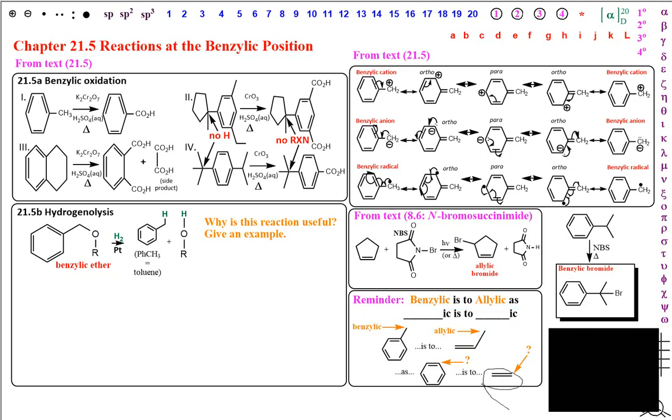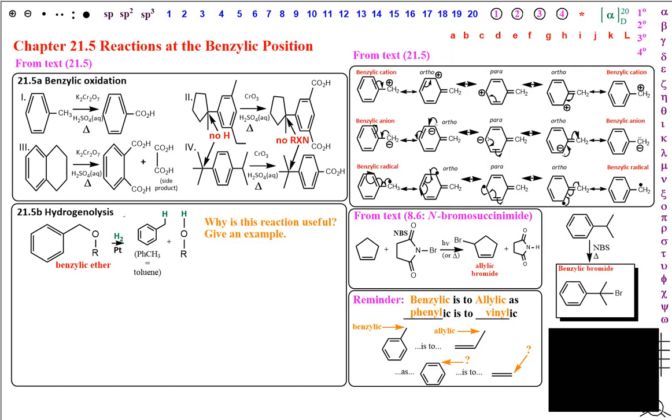Compared to allylic, it has the extra carbon, just like this group is similar to this, except it has the extra carbon when it's benzylic. I believe a benzylic without the extra carbon is just called phenyl, and an allylic without the extra carbon is called vinyl.